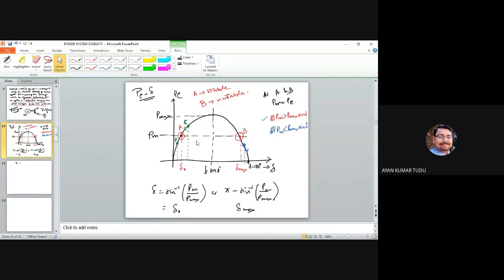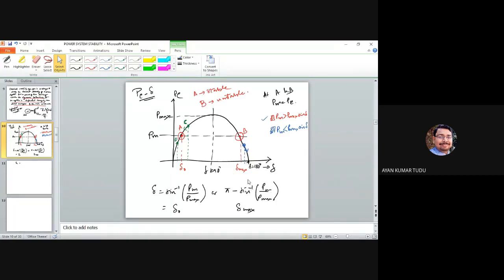We have two cases, as you can see on the right hand side, at point A and at point B. At point A, the corresponding delta value can be represented as delta 0, and at point B, the corresponding delta value can be represented as delta max equal to pi minus sine inverse of Pm by Pmax.